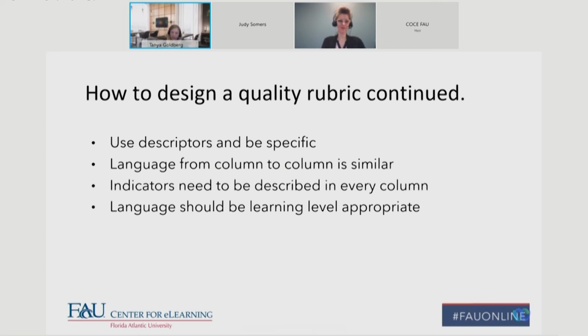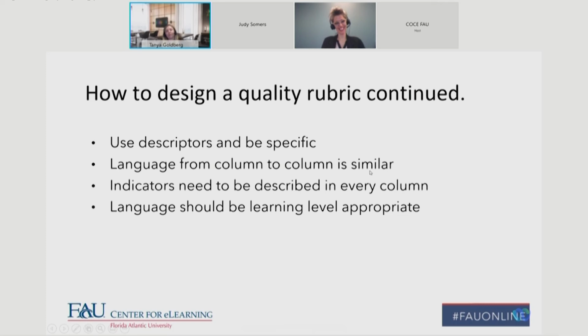And that's where they're going to get the most points. You want to make sure that in the following columns that language is being repeated, right? That you're not leaving that out, that descriptor doesn't appear in some columns and then disappear in others.